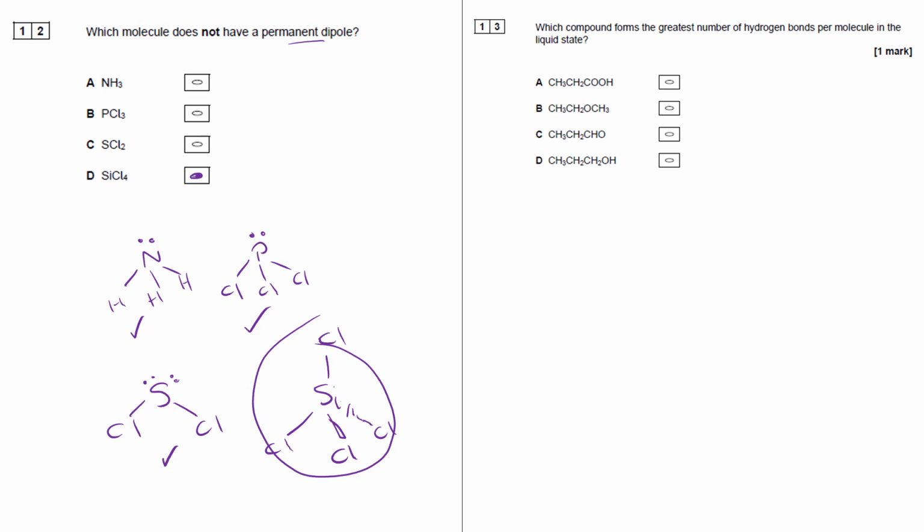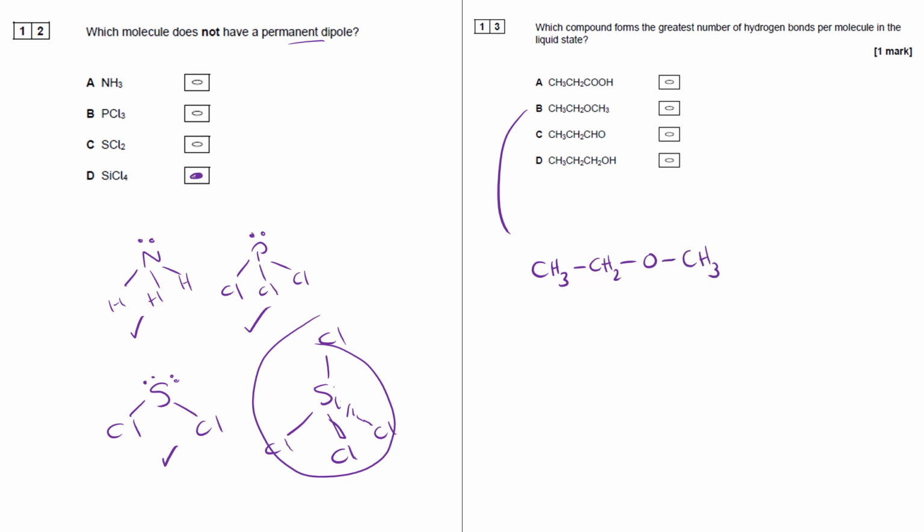Question 13, which one forms the greatest number of hydrogen bonds per molecule in the liquid state? So let's just eliminate a couple of the options here. So option B, got this thing called an ether, where the oxygen is just within the carbon chain essentially.